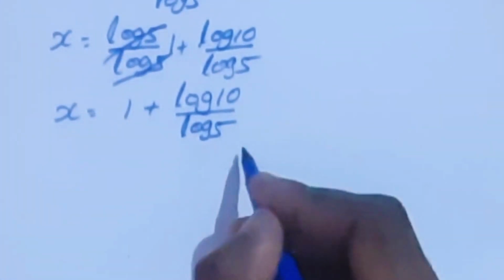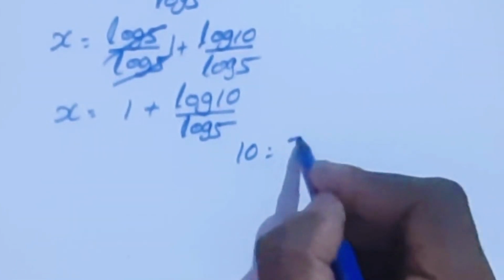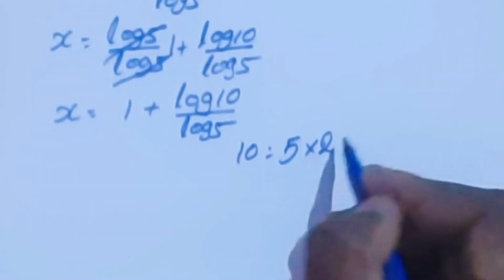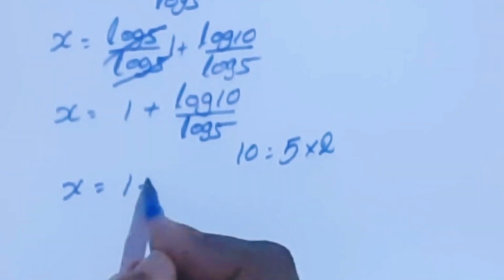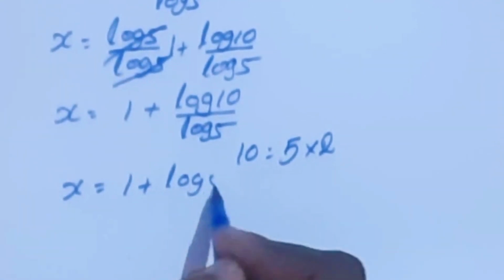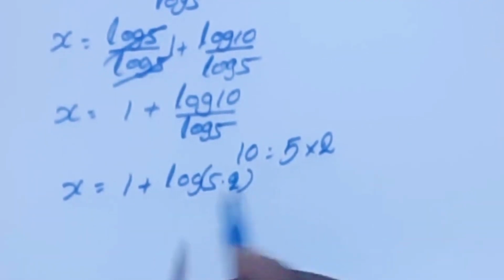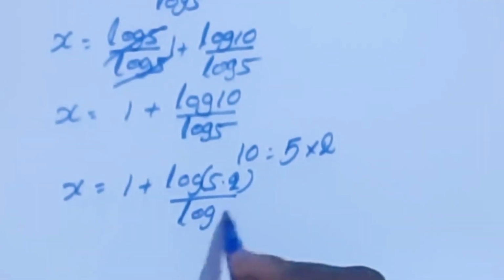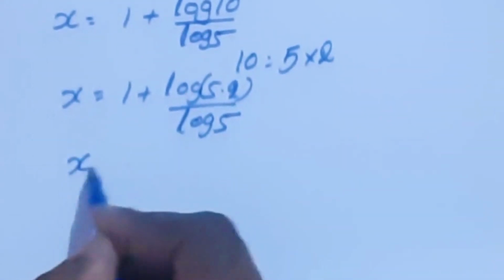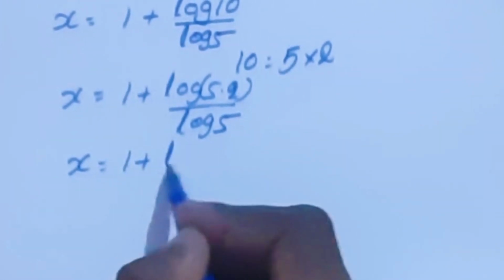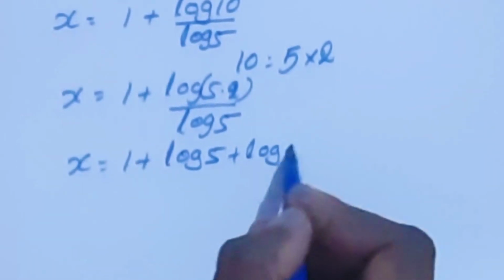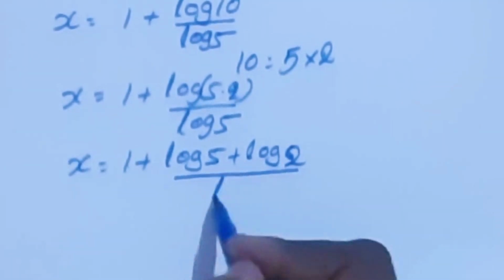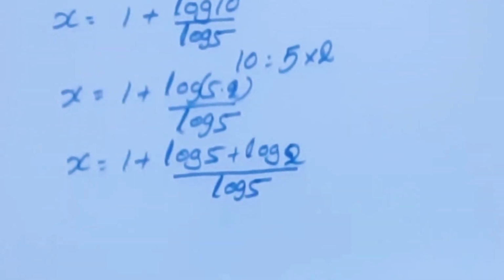Now 10 equal to 5 times 2. This we are going to apply here. So x equal to 1 plus log of 5 times 2 by log 5. Now x equal to 1 plus log 5 plus log 2 by log 5.